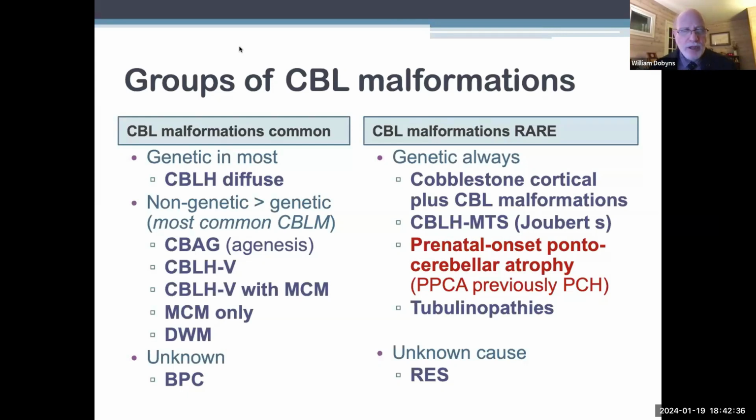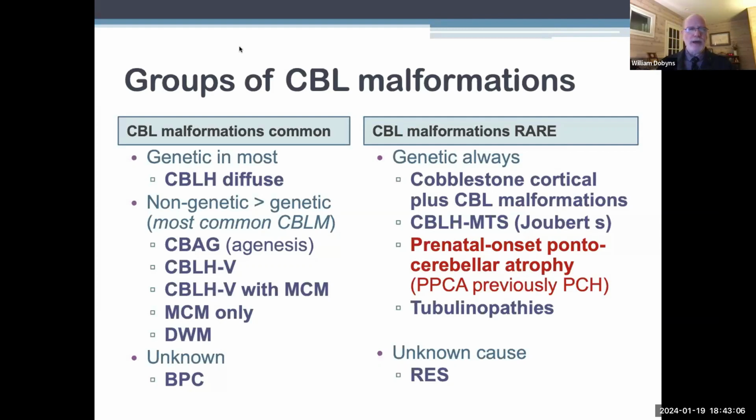In my writings, I'm going to stop calling it classic PCH, and call it prenatal onset pontocerebellar atrophy. I think this has been a confusing term, and so diffuse cerebellar hypoplasia and the classic butterfly pontocerebellar hypoplasias are too often confused. And too many times I've seen other physicians order the wrong genetic testing because the description was too confusing.